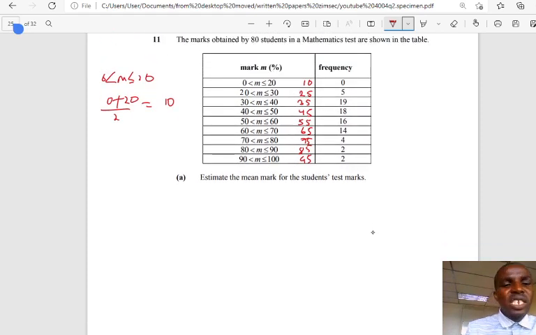Right, then the mean mark, you say mean is equal to the total of frequency times the midpoint, that is the value of x, in this case m, over the total of frequency.